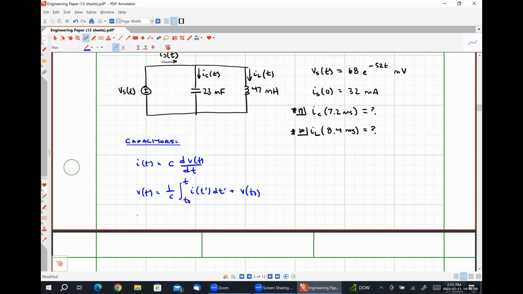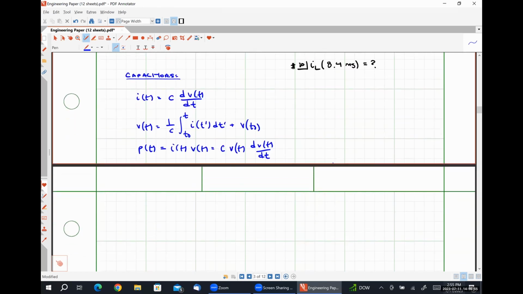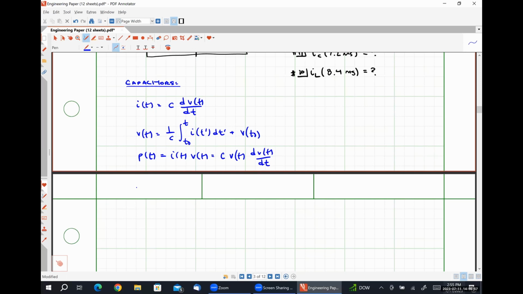We have a power relationship that is I times V, or C V dV by dt. And then lastly, we have our energy relationship, which is 1/2 C V squared.